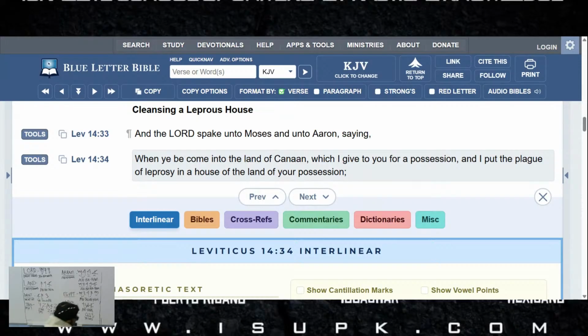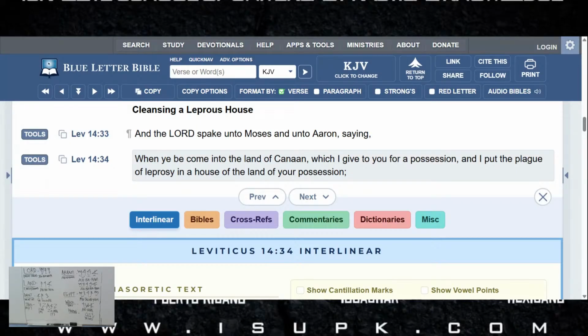This is the book of Leviticus, chapter 14, verse 34.